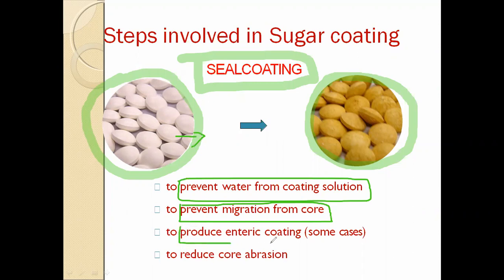It is also used to produce enteric coating, in some cases where we apply certain polymers such as CAP, that is cellulose acetate phthalate. The other purpose of seal coating is to reduce core abrasion. So these are the basic reasons why we carry out the seal coating step in sugar coating.